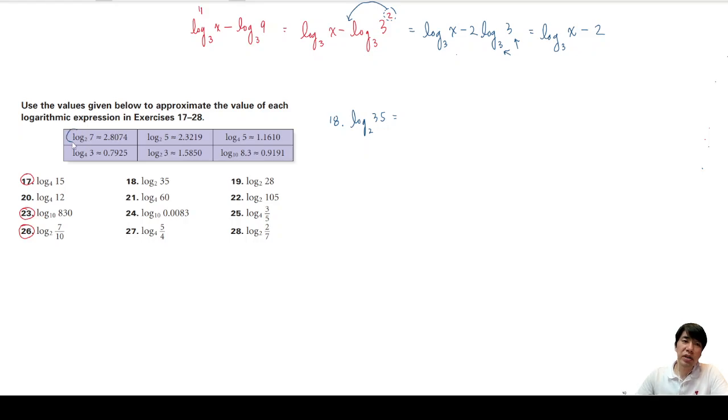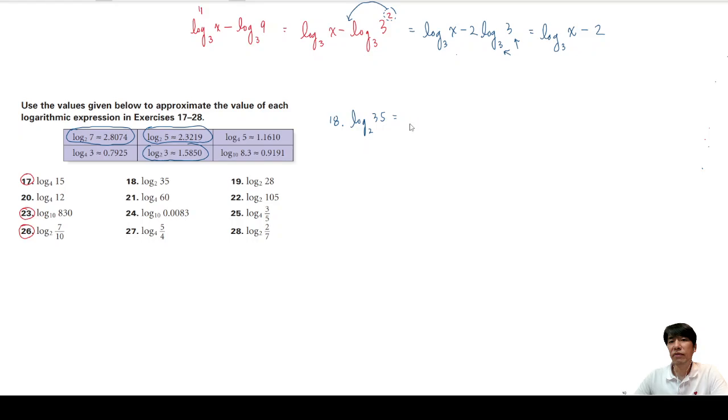We have this log with base 2, this log with base 2, and another log with base 2 here. So we have to rewrite 35 as a product of these numbers, 7, 5, and 3.